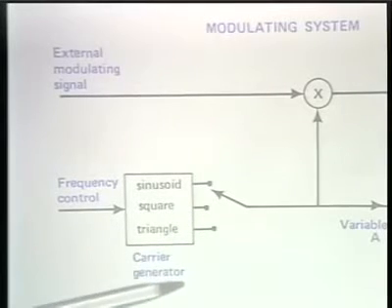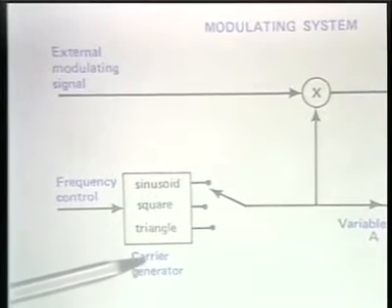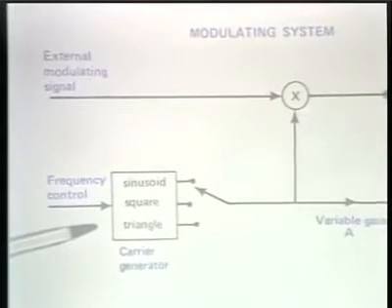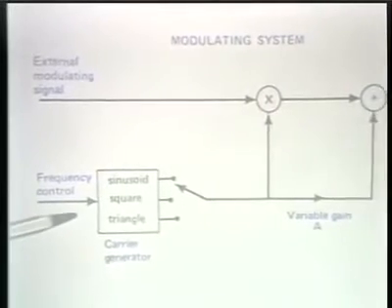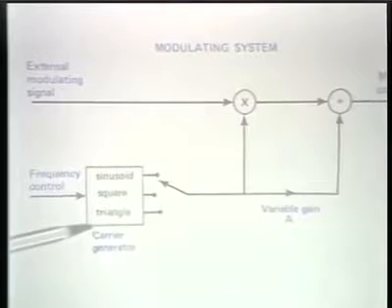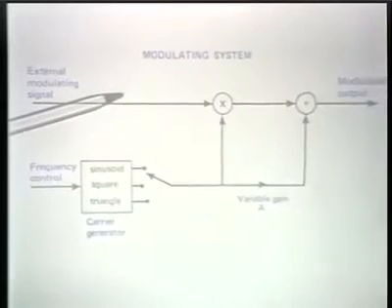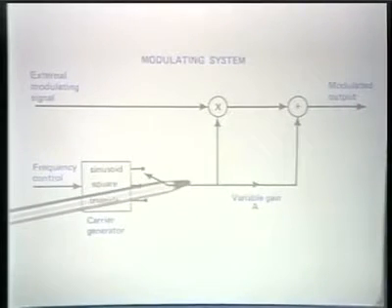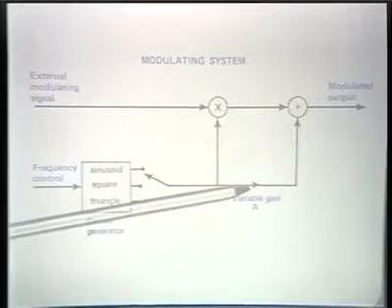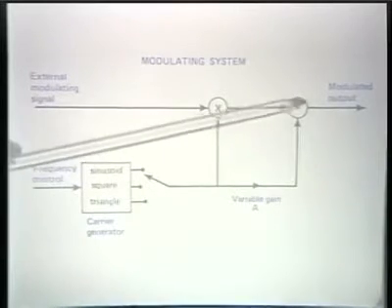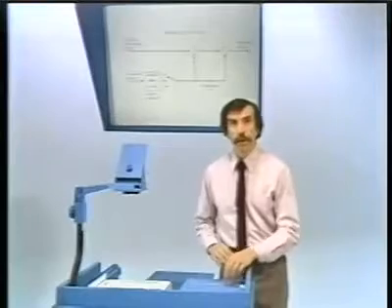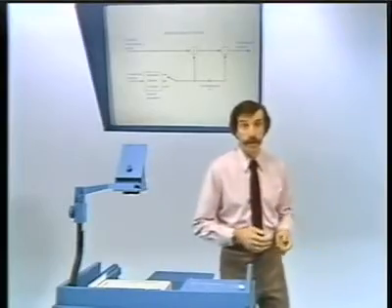So this is a somewhat simplified block diagram of the modulating system that we're demonstrating. The external modulating input here, a choice of carrier, with also the capability for injecting some additional carrier into the output. Okay, now let's go back to the equipment and take a look at this.